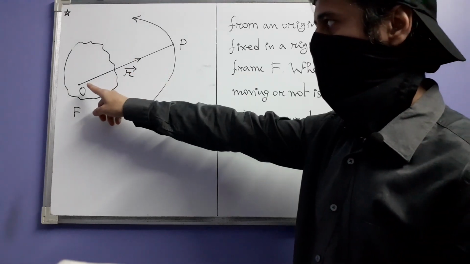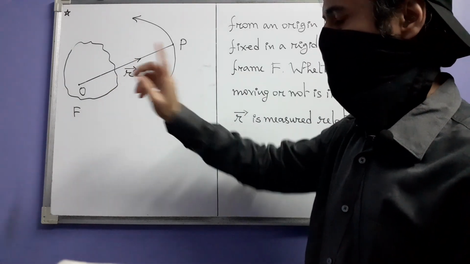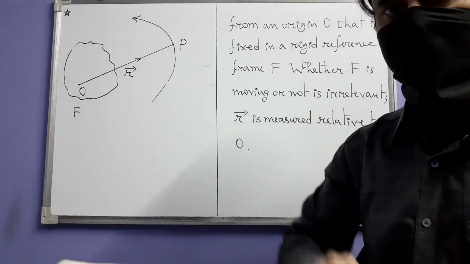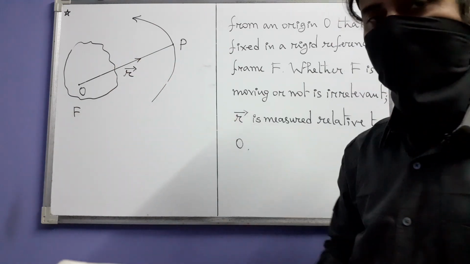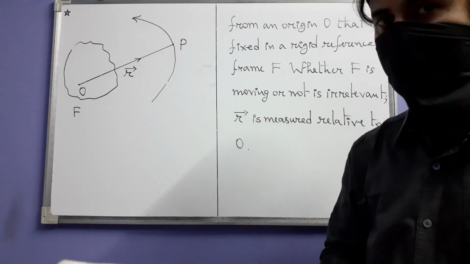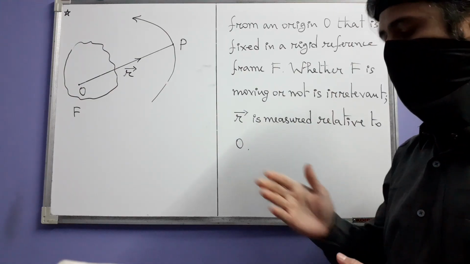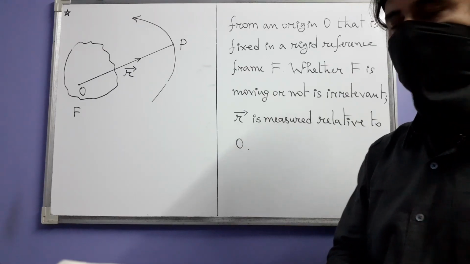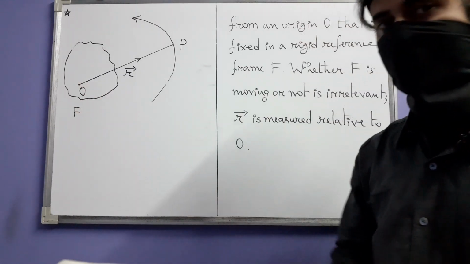And with respect to the origin, we are considering the position vector of the particle P, and we are calling that R. Now the question is this: what is a rigid frame? That is one question, and the second will be why we need a rigid frame. Is just O not enough?